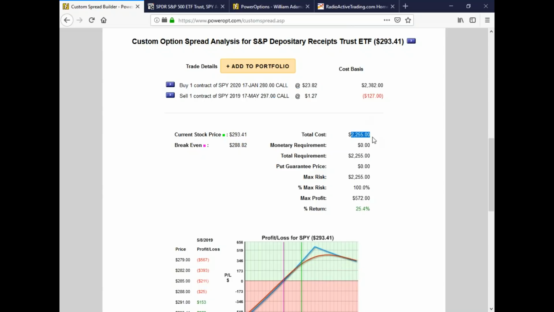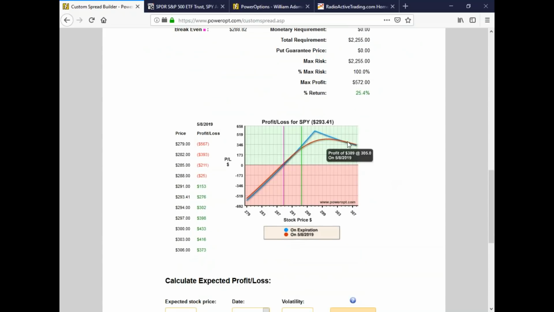In this case, you'd only get 17 back. If it suddenly shot up to 300, you got assigned early. Your broker, without your commentary, without verification needed from you, they need to cover this obligation in the short call. They exercise the leap at 280 to sell stock at 297. You get 17 back. You're at a $500 loss when you thought you'd be at a profit of $300, $400, $500.